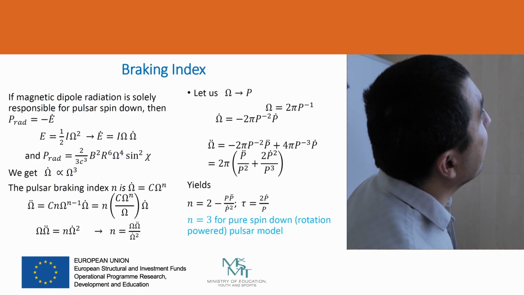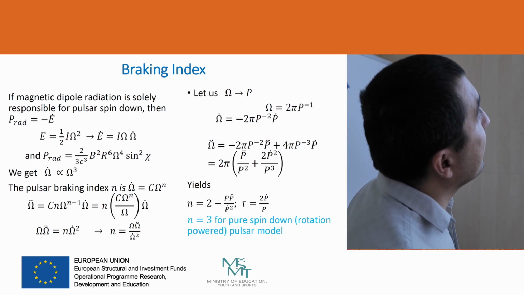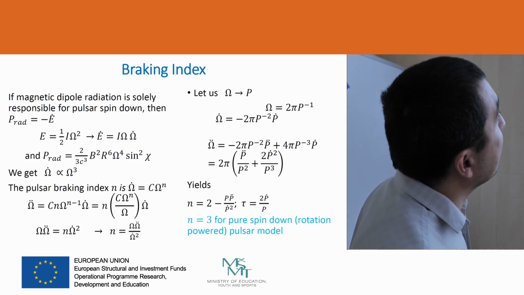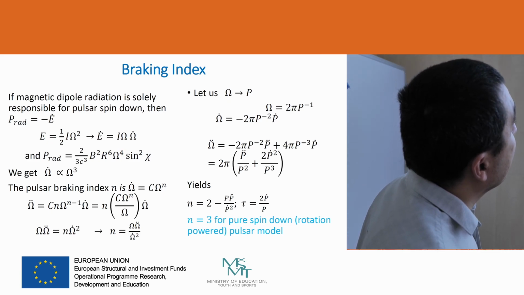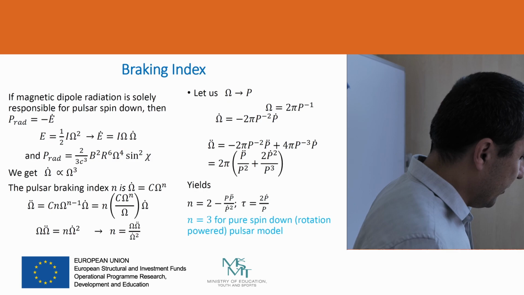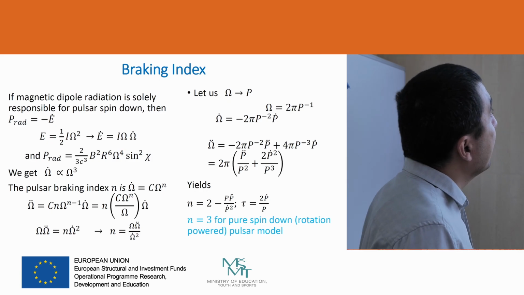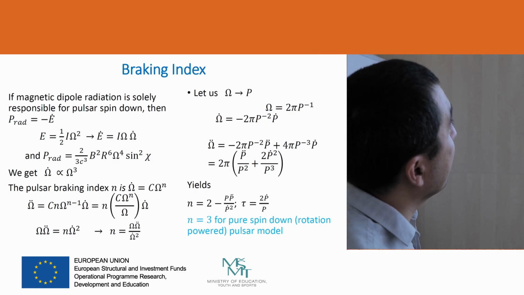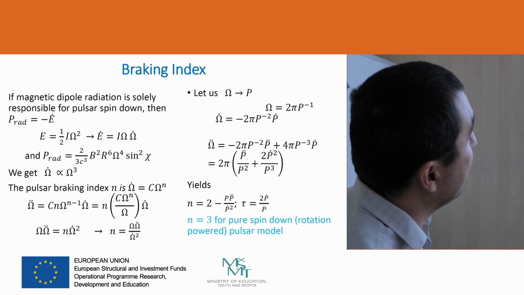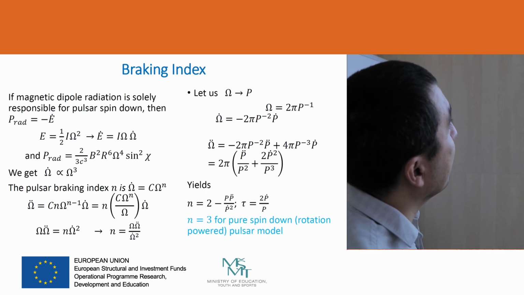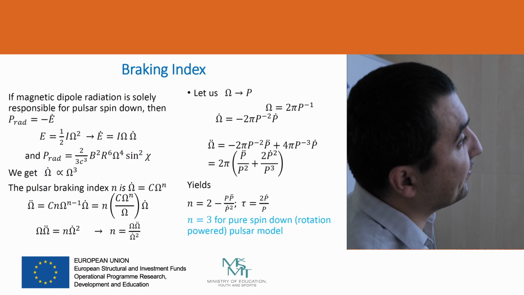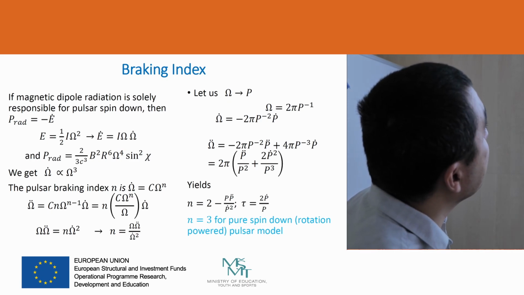We can easily calculate this breaking index using this spin-down for the rotation-powered model. The rotation luminosity of radiation comes from the energy losses.